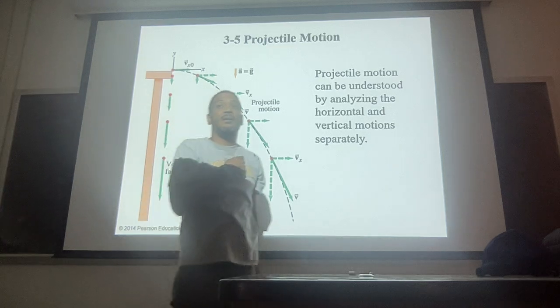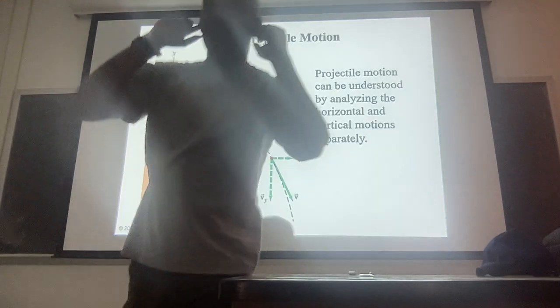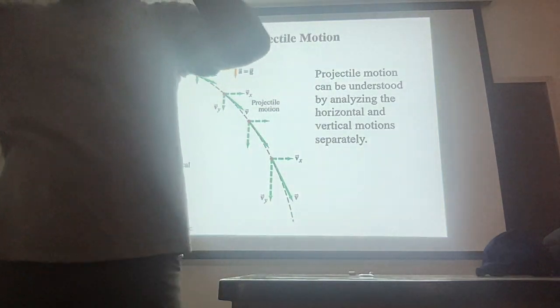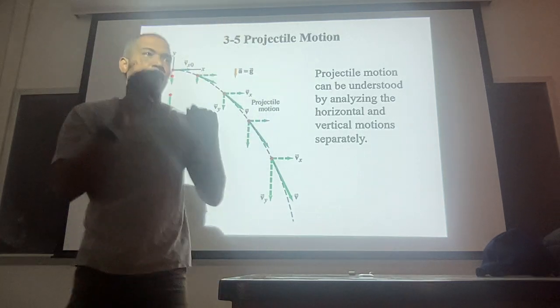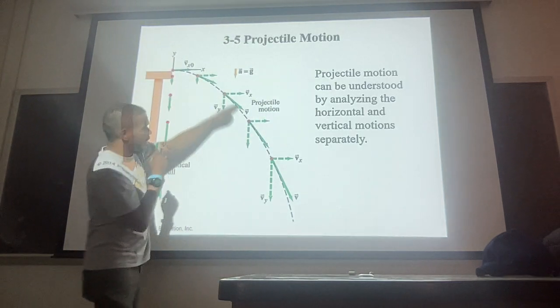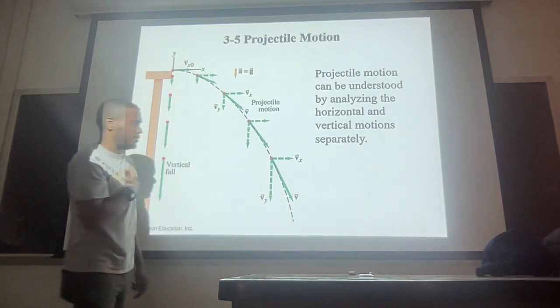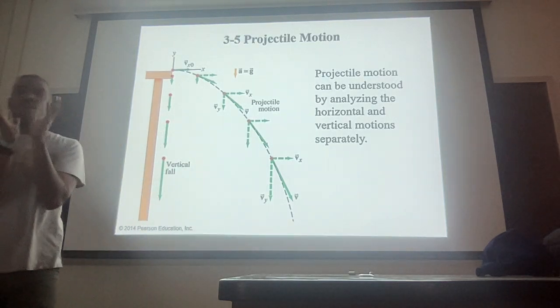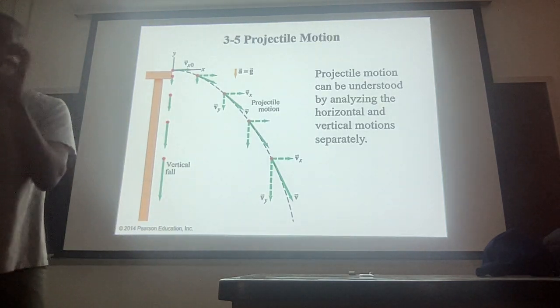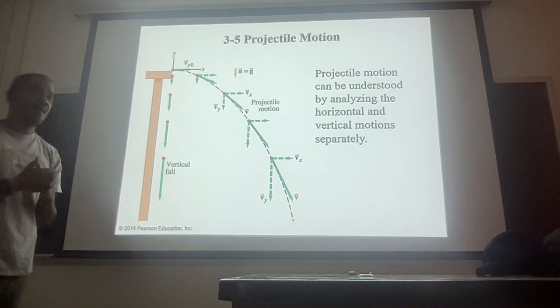X and Y, which are called components. At each step we can break it into its X and Y components because it's a combination of two sets of motion at the same time.